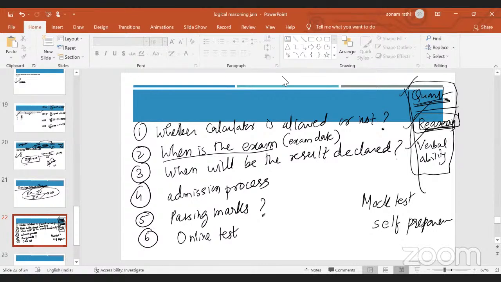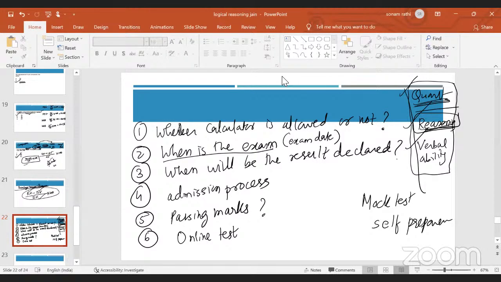Okay, wait a minute. So when can we start writing the mock test for new students? Musamba, I am suggesting after a few classes. Let's say you are done with 4 or 5 classes in the math section, 3 or 4 classes in reasoning, and 3 or 4 classes of verbal.